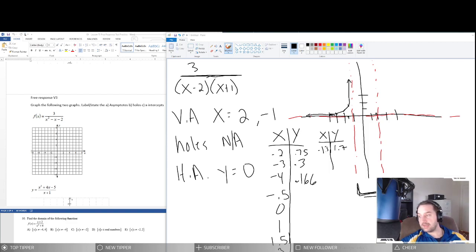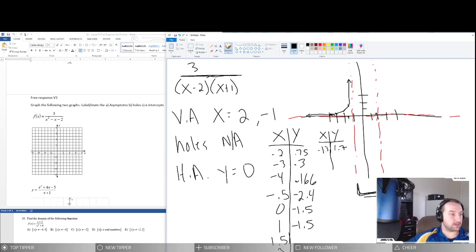So then plugging in between, I'd plug in negative 0.5, and I get negative 2.4. If I plugged in 0, that gives me negative 1.5. If I plugged in 1, that gives me also negative 1.5.